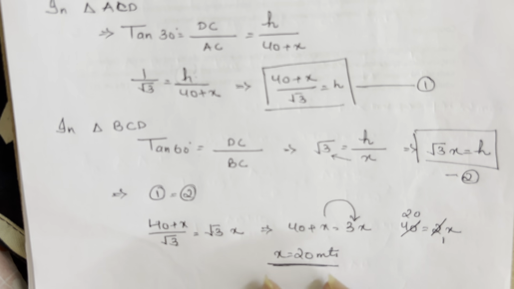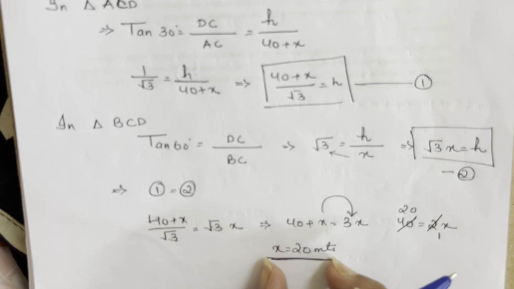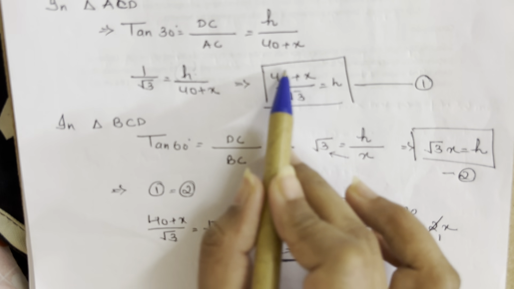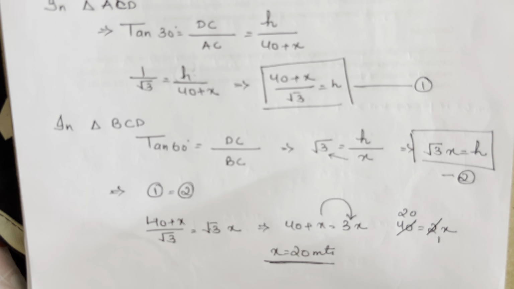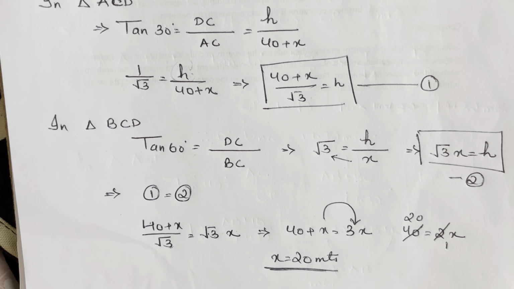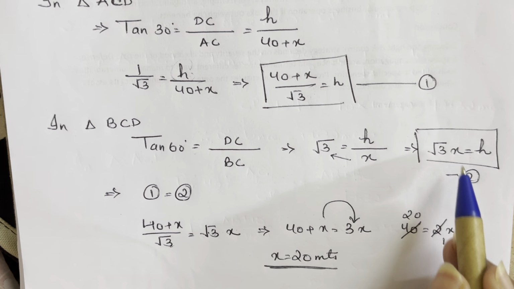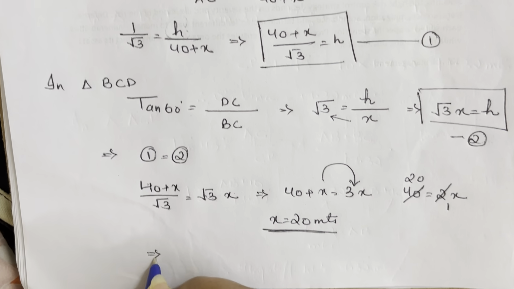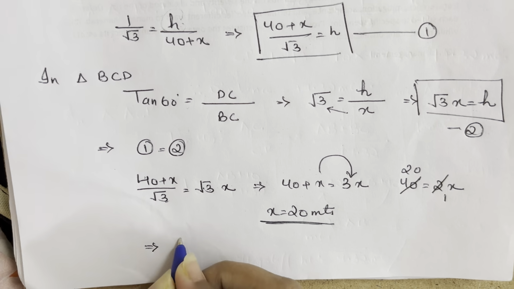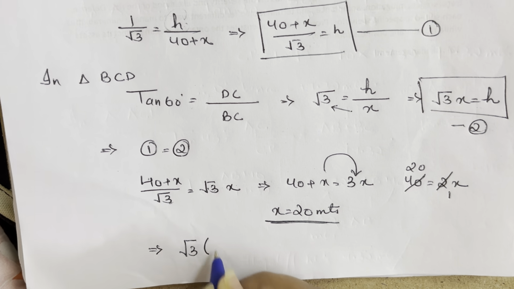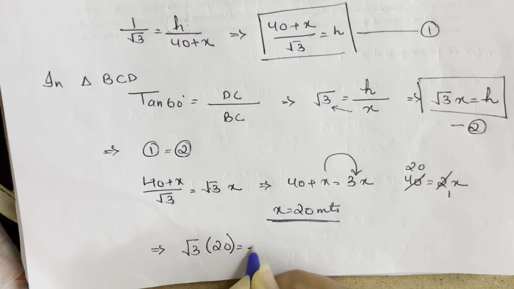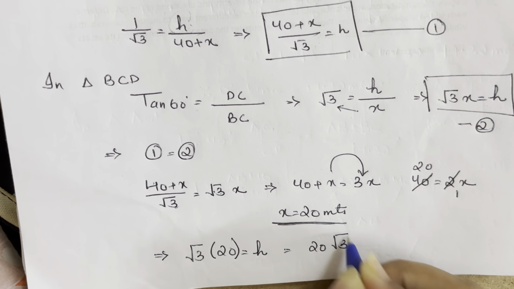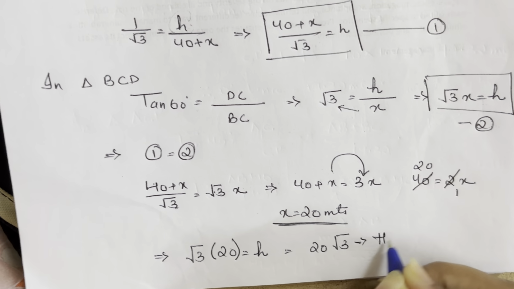Now when x is 20 meters, I substitute into equation 2, root 3 times 20 is equal to h, which is 20 root 3, the height of the tower.